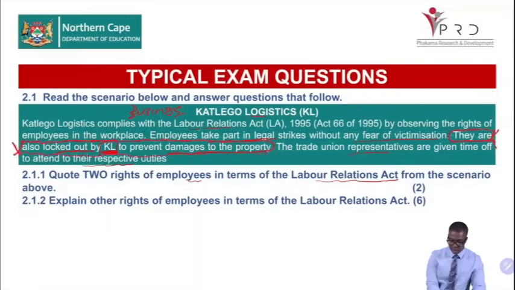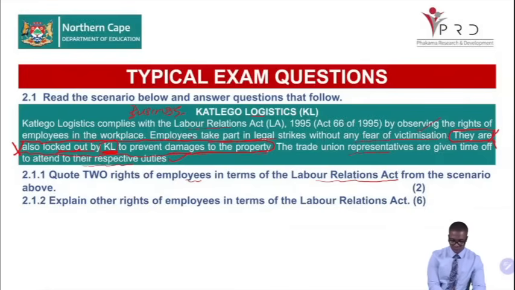However, one of the employee's rights is that the employee may take part in a legal strike without any fear of victimization. Then the trade union representatives are given time off to attend to their respective duties. So this is also part of the employees' rights and the idea of allowing employees to participate in a legal strike. But locking the employees out to prevent damages is the right of the employer.